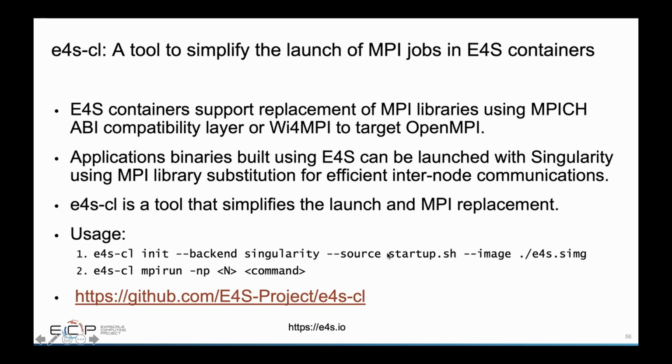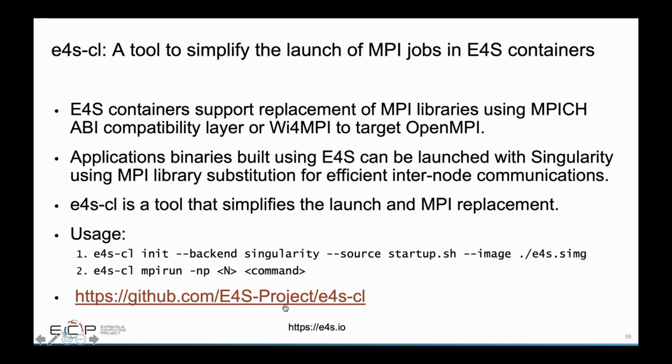With this, it finds out the libraries that are needed for the MPI substitution. It keeps it in a small database. And when you run your MPI command, it could be an mpirun command like this, but you prefix it with the E4S-CL. And then you will be able to just launch that application, but substitute the MPI on your HPC system with the MPI in that image.